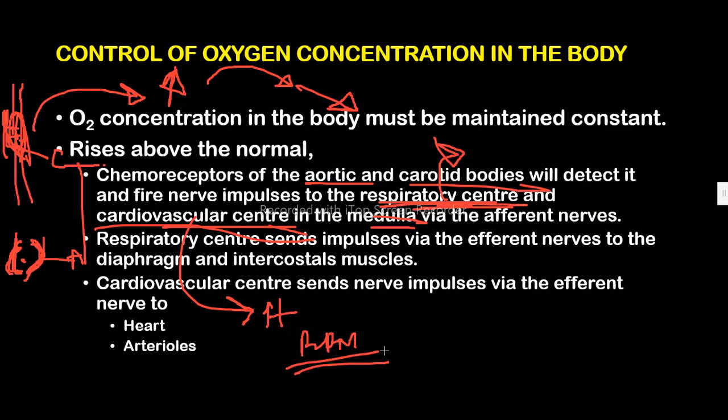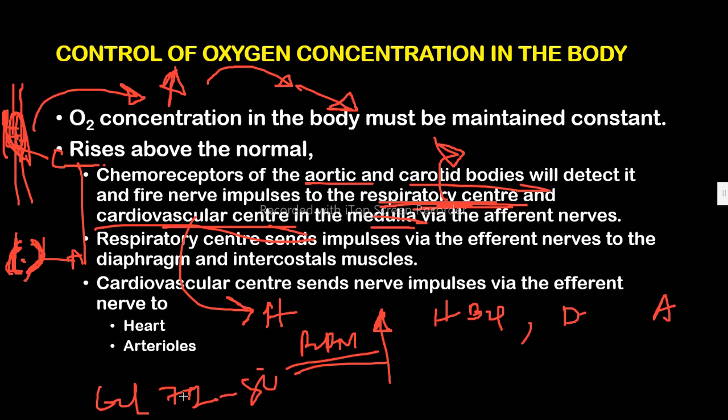If you can try it out, there are phones which can detect BPM. You measure your heartbeat before jogging, and then during jogging and after jogging. You get totally different values. Before, it will be between 70 and 80 BPM, beats per minute. But when you start jogging, it is around 120 BPM.